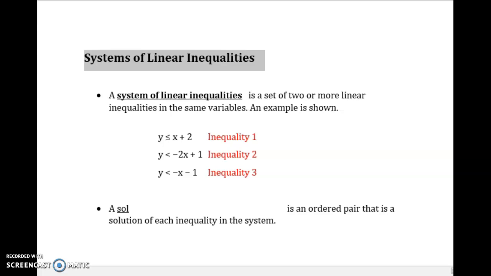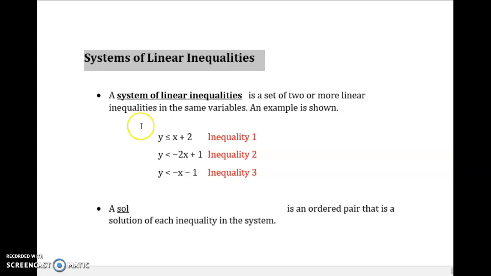The first inequality we have is y is less than or equal to x plus 2. The next inequality is y is less than negative 2x plus 1. And the last inequality, 3, is y is less than negative x minus 1. So that's going to be our example of a system of linear inequalities.